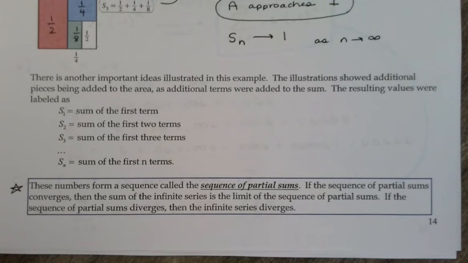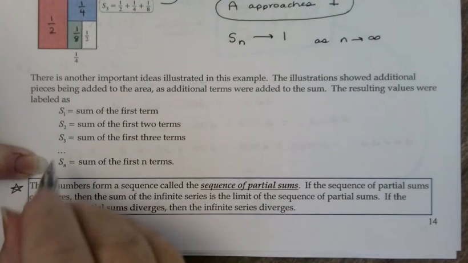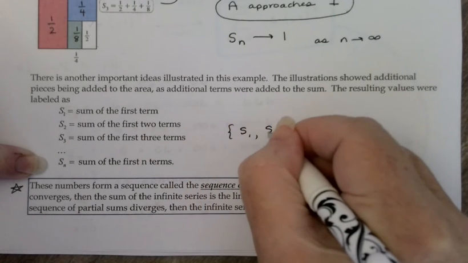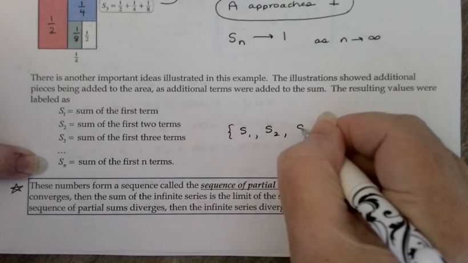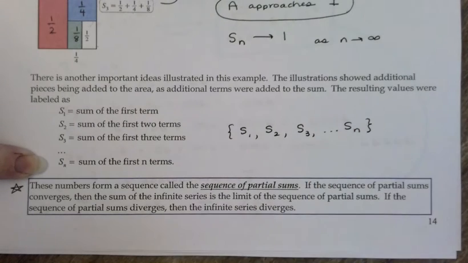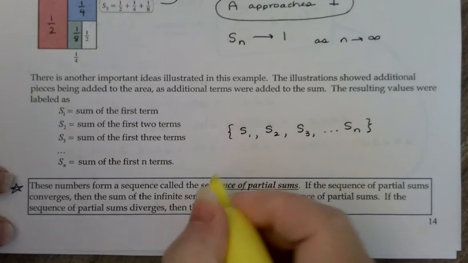the first n terms. These numbers, the S1 through Sn, if I were to write them as a list, as a sequence, form what we call the sequence of partial sums.